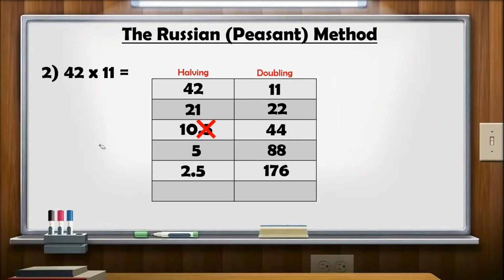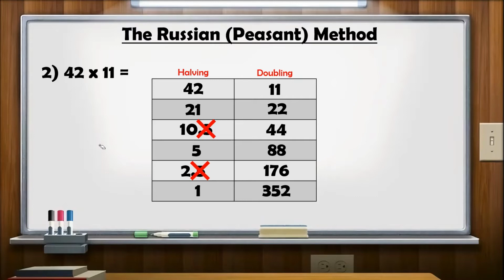Again, we ignore the decimal, so 2.5 will be 2, and half of 2 is equal to 1, and double 176 is equal to 352. So step 1 is now complete, as we have reached the number 1 in my left-hand column.